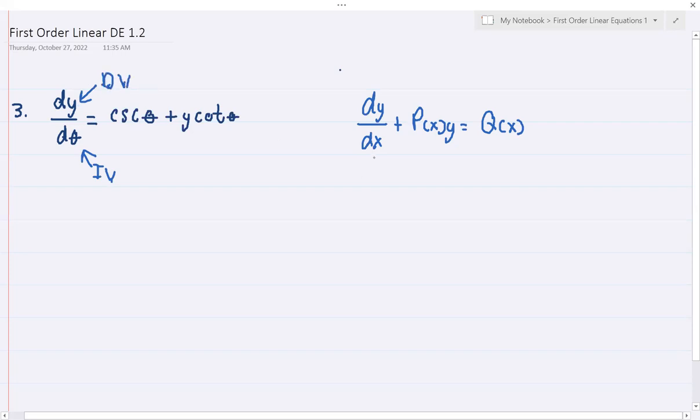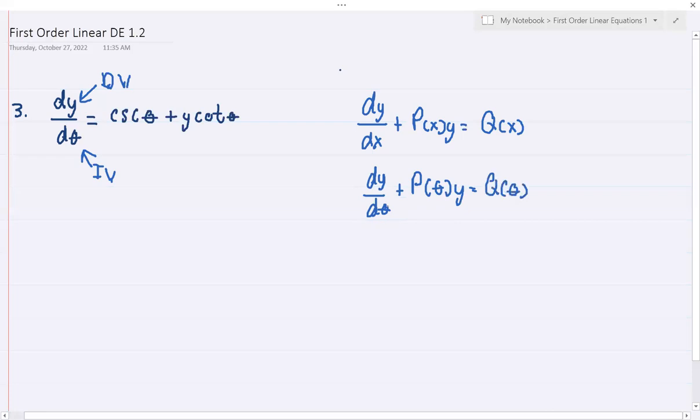So what would be the format if your independent variable is theta? You will have dy all over d theta plus p of theta times y is equal to q of theta.